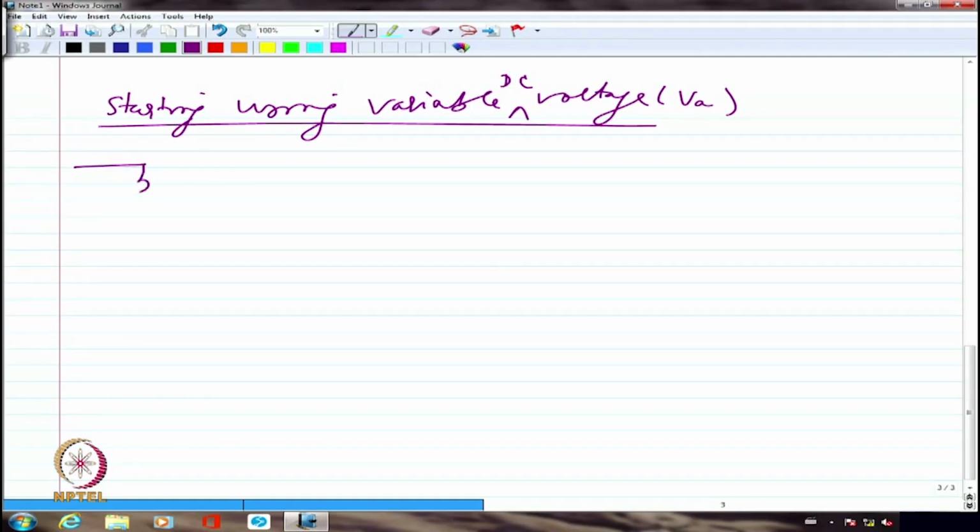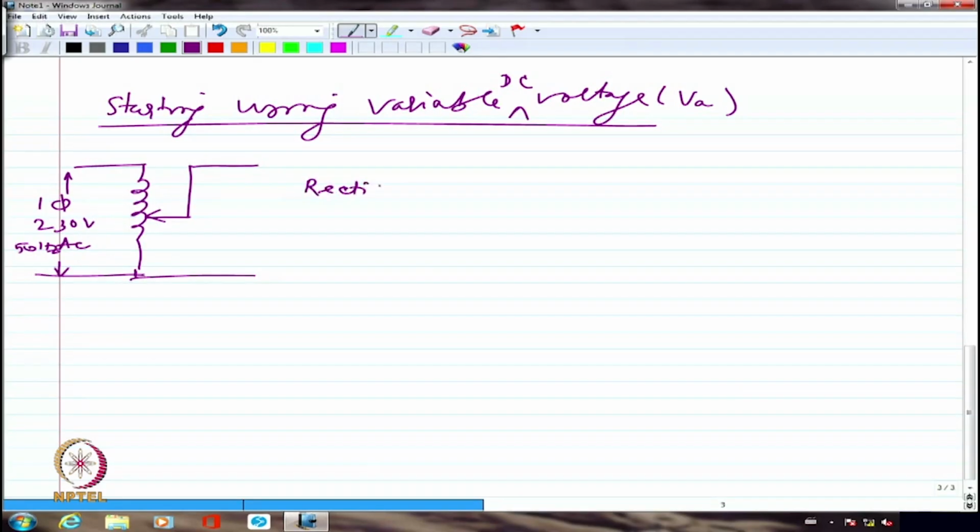So let us say this is the single phase supply from which I am going to pass it through the variac. So this is single phase 230 volts AC supply, right, which actually goes to the rectifier. I am not showing the rectifier explicitly in the circuit here.